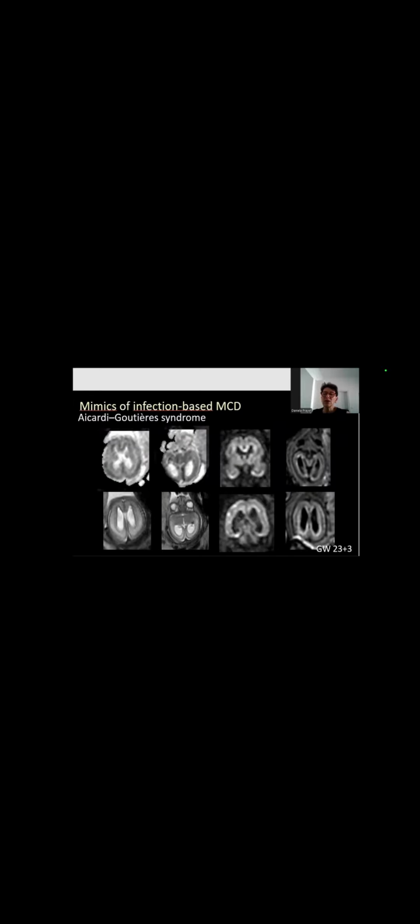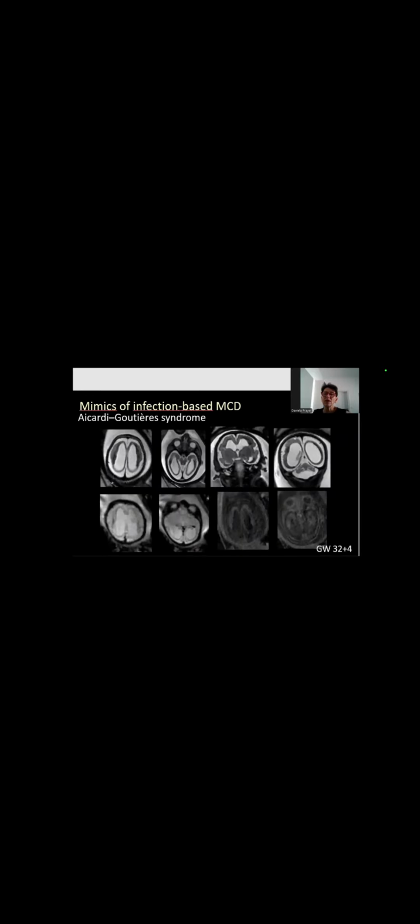This is a fetus in gestation week 24, where the extent of this cortical malformation is not yet obvious. But when we look at this fetus in gestation week 33, you see that the cortex is destructed and the non-destructed regions are polymicrogyric.